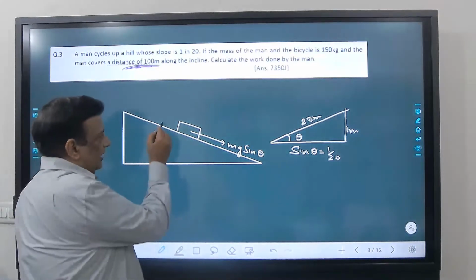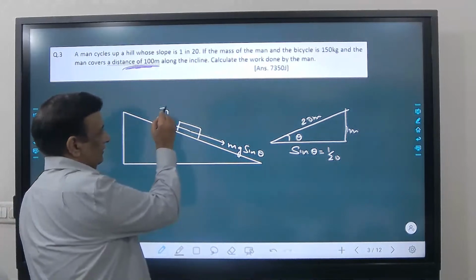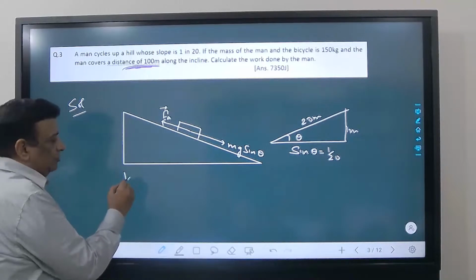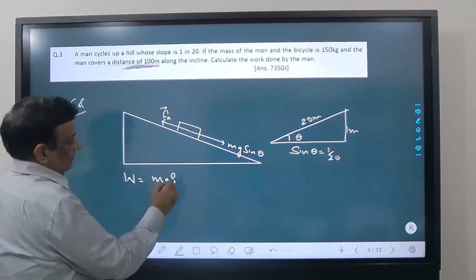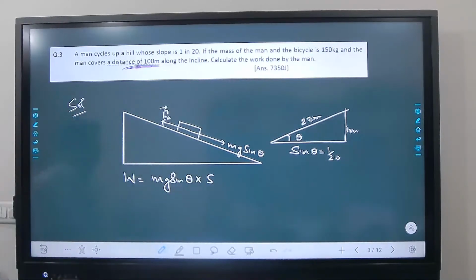So इसको अगर ऊपर जाना है तो at least same force लगानी पड़ेगी, Fa. And work done by this applied force will be mg sin theta into s.